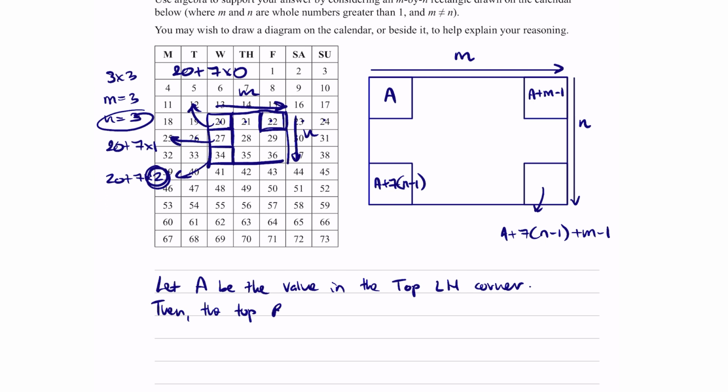Then the top right hand corner is shifted over exactly m minus 1 squares to the right.